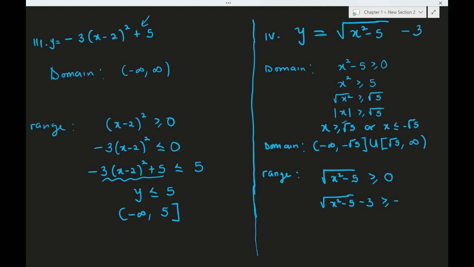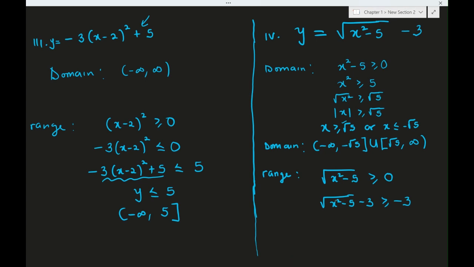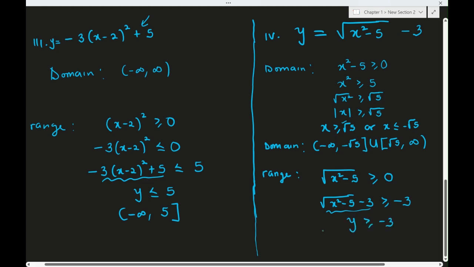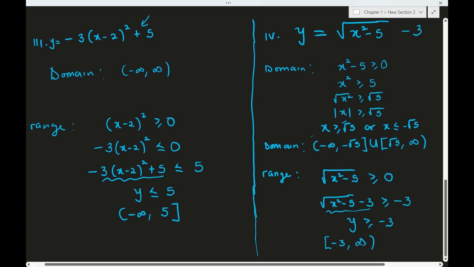Minus 3 will be greater or equal to minus 3. And this is nothing but the function itself. This is our y is greater or equal to minus 3. So the range is going to be from minus 3 closed to infinity.